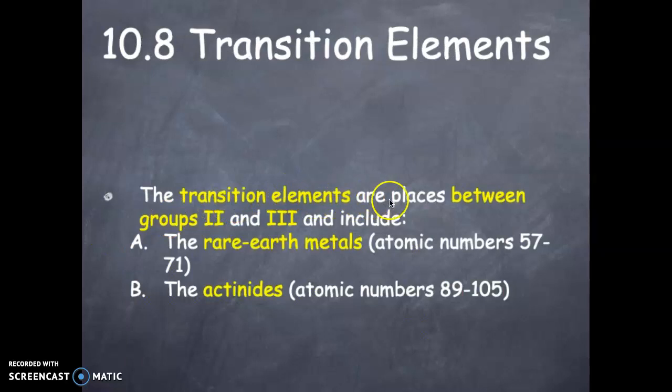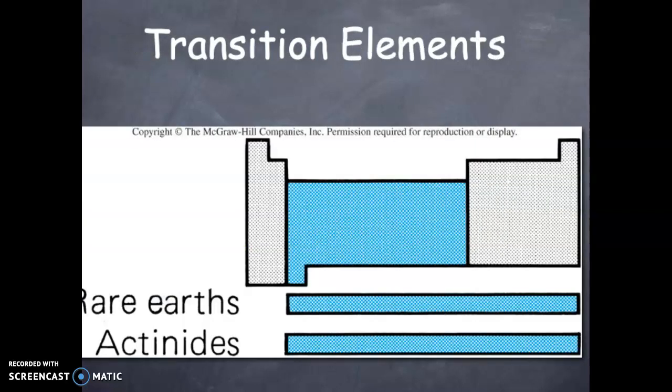The transition elements are placed between group 2 and group 3, and include the rare earth elements and the actinide series. Here they are depicted in blue in this middle region, and at the bottom of the periodic table, both of these different groups are referred to as transition elements.